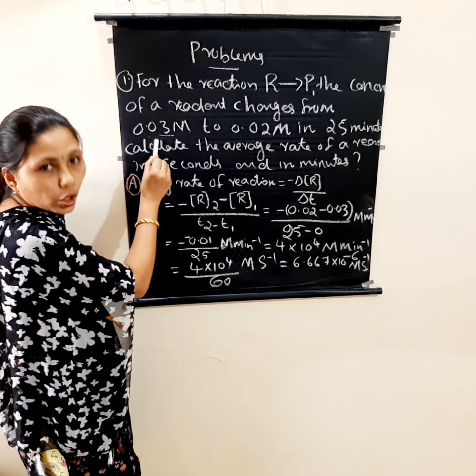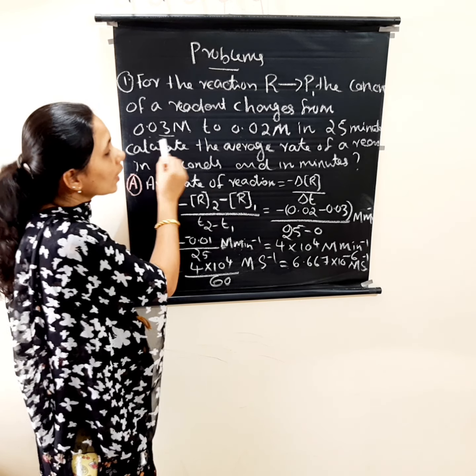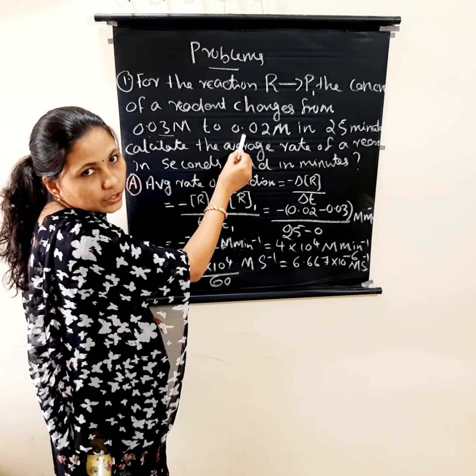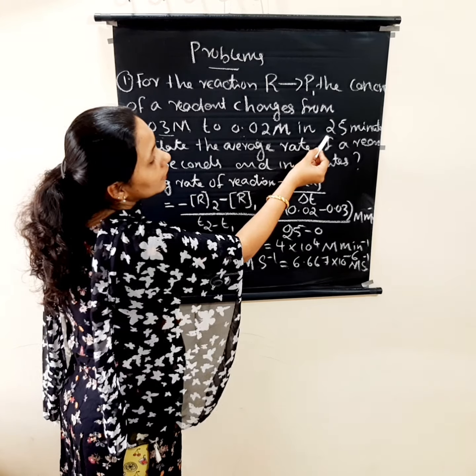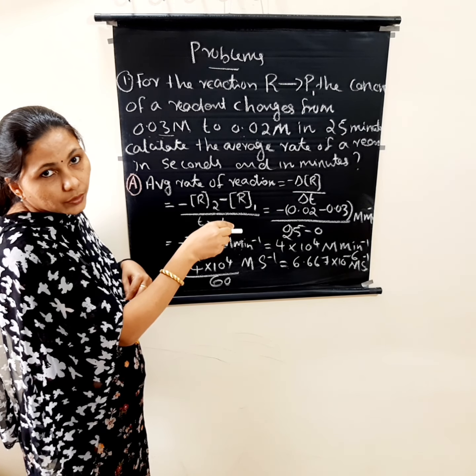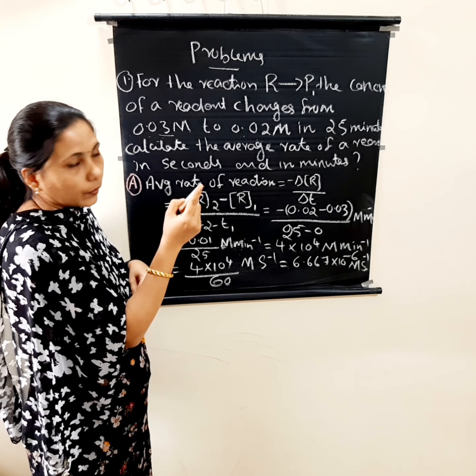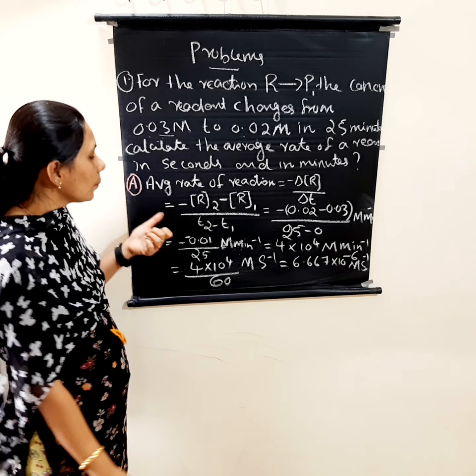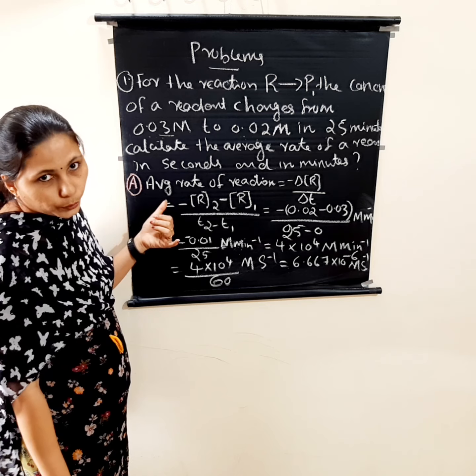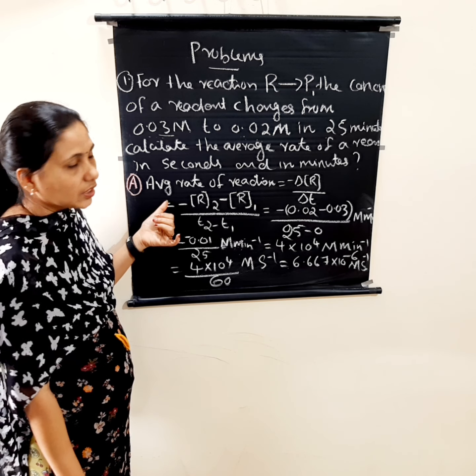So the initial concentration was 0.03 molar and the final concentration is 0.02 molar, within 25 minutes. 25 minutes means the initial time was 0 and the final time is 25. We know the equation for average rate.